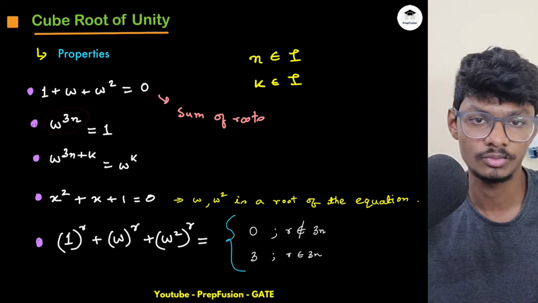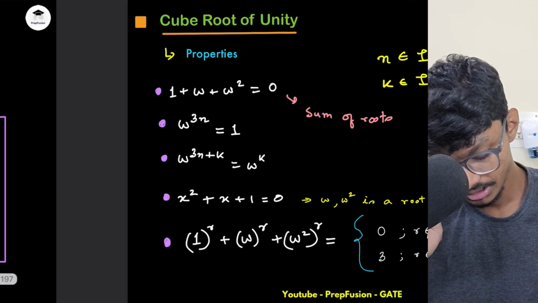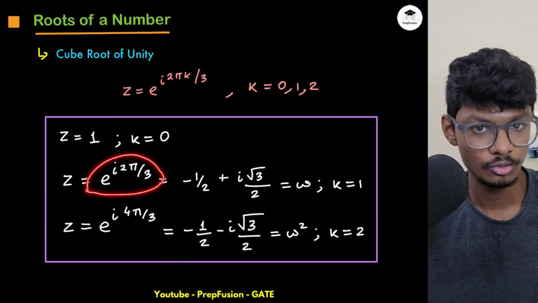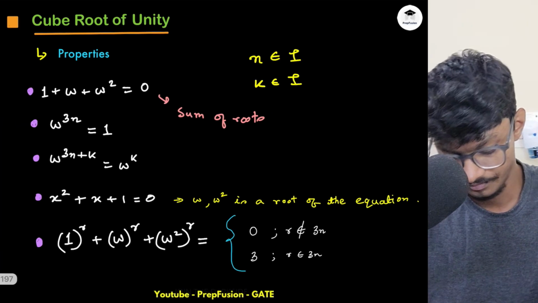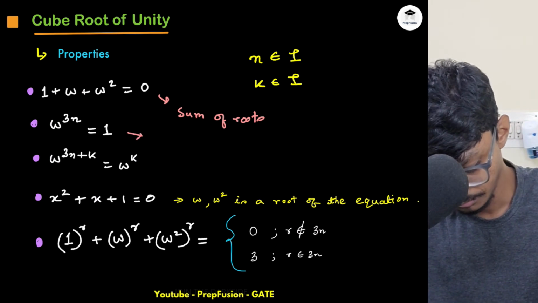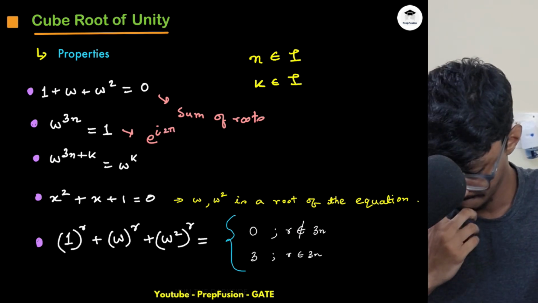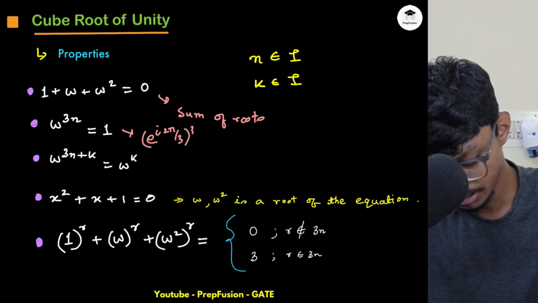Now what is omega raised to power 3n? Omega raised to power 3n means I am taking the cube of this, right? If we take the cube of this, I will be left with e raised to power 2 pi or a multiple of 2 pi. So what I am doing over here is e raised to power i 2 pi by 3, into raised to power 3n.